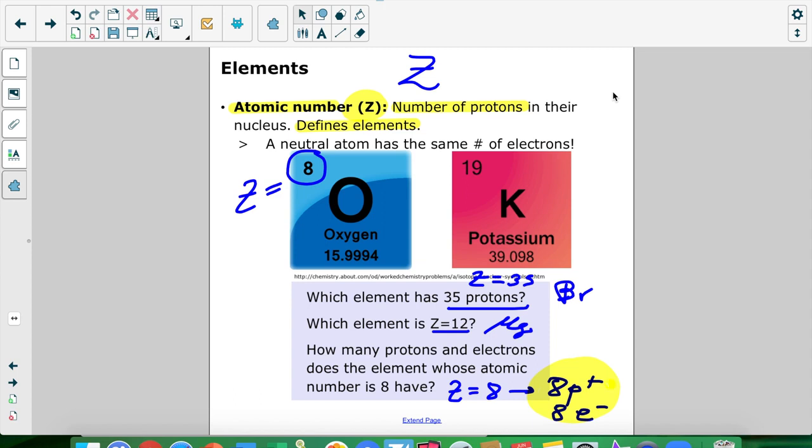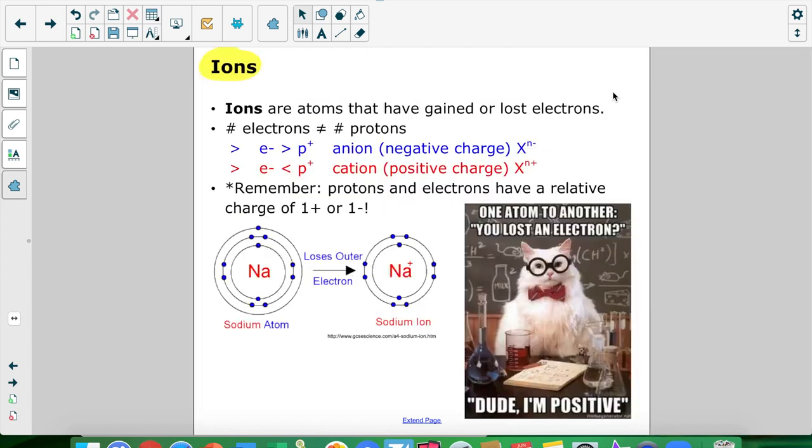But sometimes atoms do actually have a charge because the number of protons and electrons is unbalanced. That's what we call an ion. An ion is an atom that has gained or lost electrons. It's all about the electrons, about losing or gaining electrons. The protons stay the same because the proton is what identifies the atom.